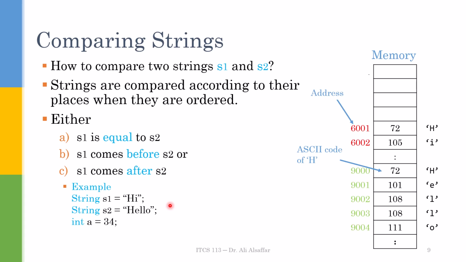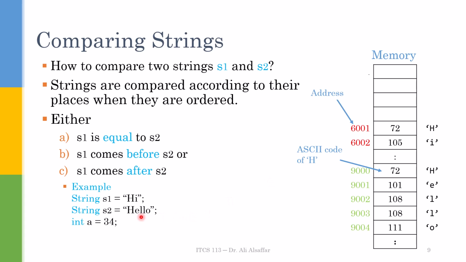First, this is a picture of the memory. Now we have the data hi, and hi is placed in the memory at address 6001, and the next character of the message hi is saved at 6002.